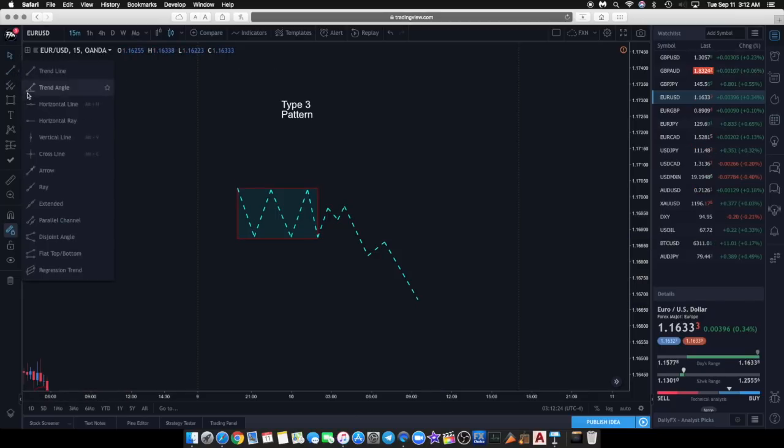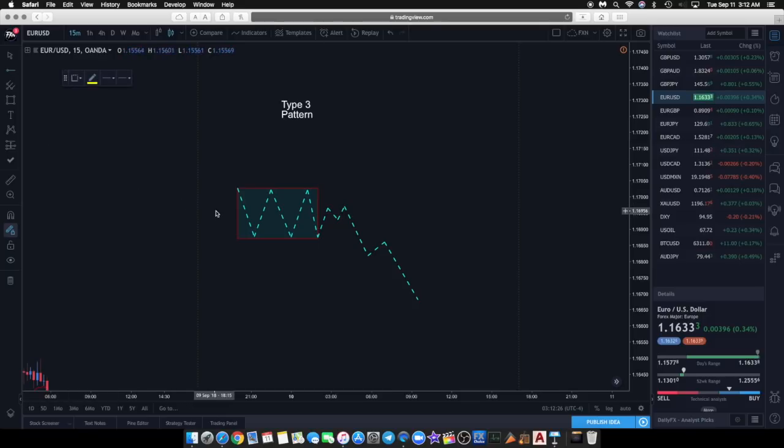And again, what makes it a type 3 is that it's doing the M in the middle of the Asian range. Middle of the Asian range. Okay, that would be a type 3 pattern. All right, so that would be the type 3 pattern.